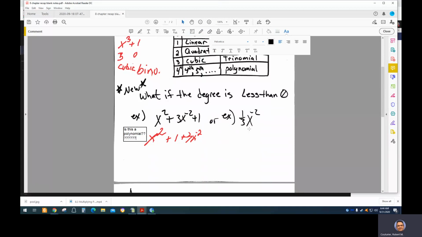What about this one? There's only one piece. This is a monomial, but it has a degree of -2. Are either of these polynomials? Well, here's something we're going to learn new today. It's not hard.